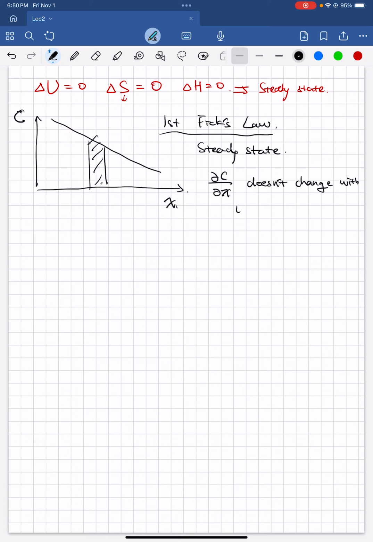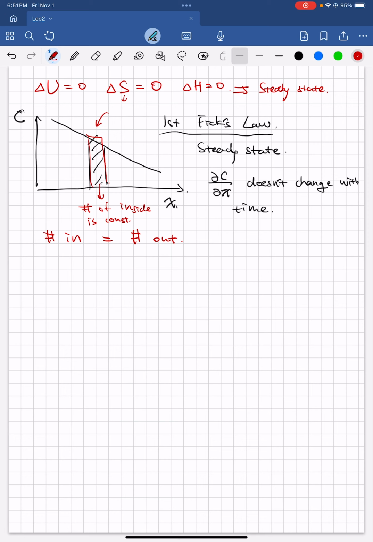In this kind of situation, the amount in equals the amount out. So in this region, it doesn't change. The number inside is constant. This is steady state.